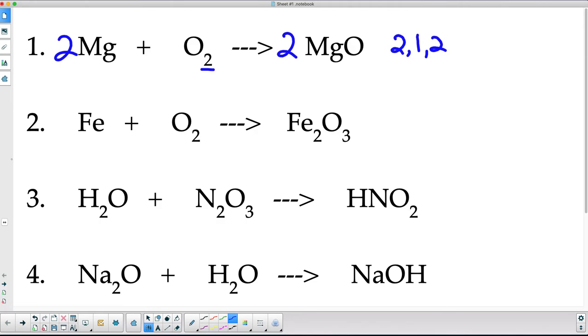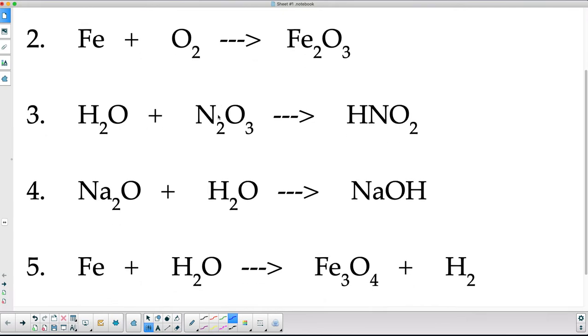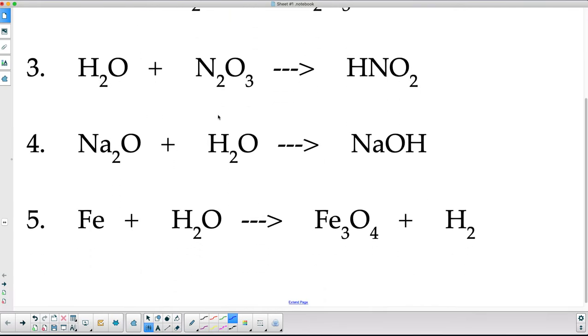So let's skip down here to number 3, because number 3 is a little bit more difficult than number 2 is. I want to increase in difficulty as we go down. So I have 2 hydrogens here, and that's the only place it shows up on the left-hand side of the equation, which means I'm going to need at least 2 hydrogens over here. So now my hydrogens are balanced on both sides. My problem is, though, that I have 1 plus another 3 equals 4 oxygens, and 2 times 2 equals 4 oxygens.